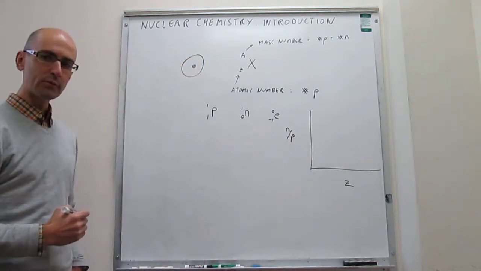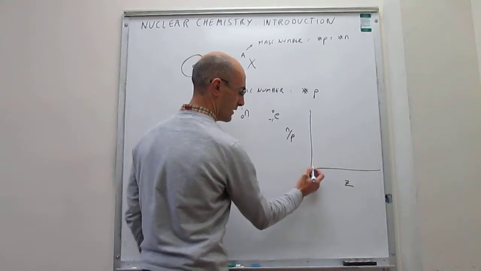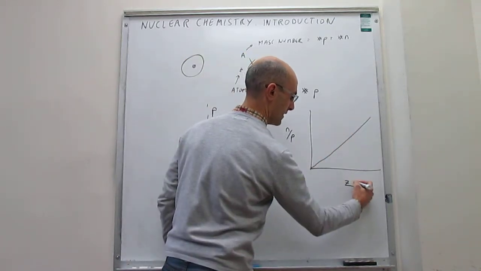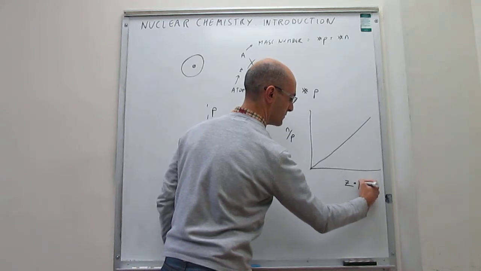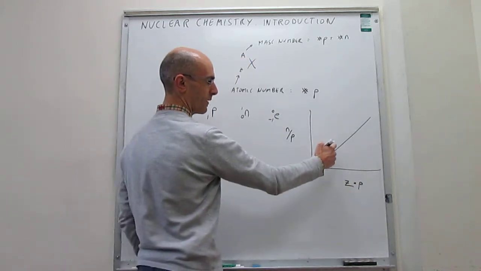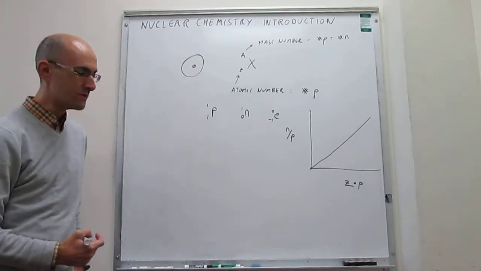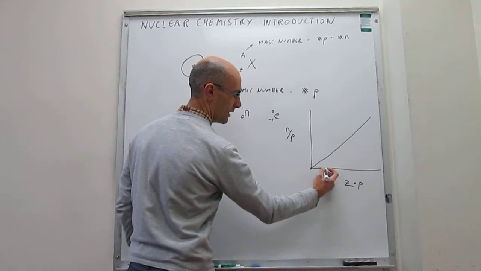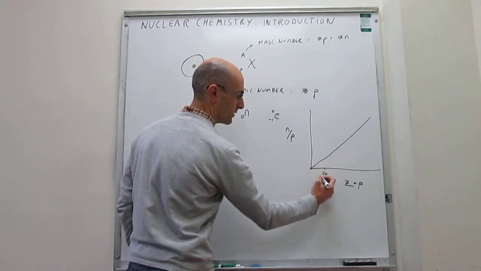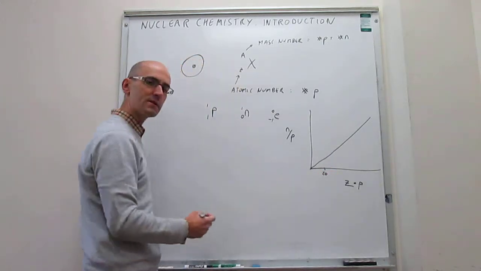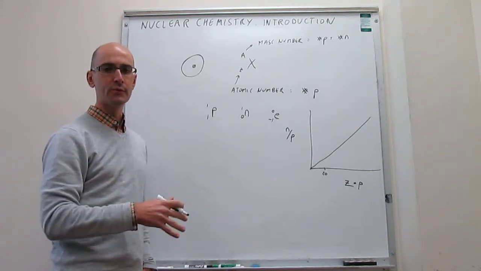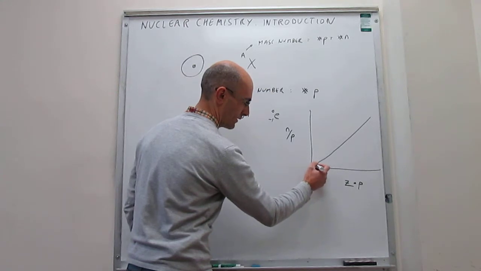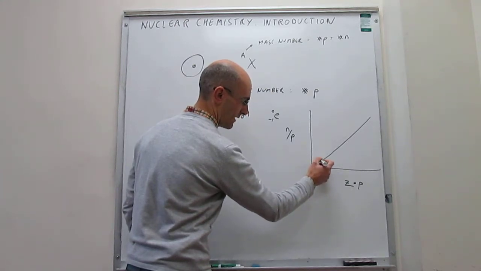If this is 1, that is a 1-to-1 ratio between neutrons and protons. What we find is that when the atomic number is low, 20 protons or so, most of the stable nuclei have a ratio of neutrons to protons of about 1. The stable nuclei are going to be around that line.